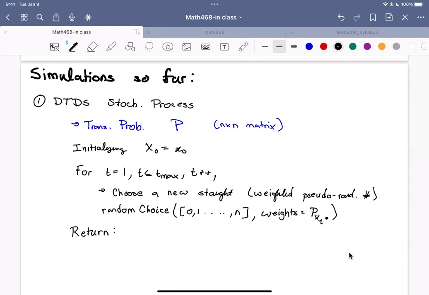So it's always important to think about how you're going to save the information and how you're going to return it. So here we have that we're going to return all of the x values up to xt max. Are there any questions about this pseudocode? And this gives you x of t plus 1.